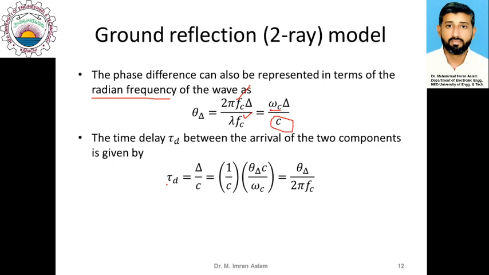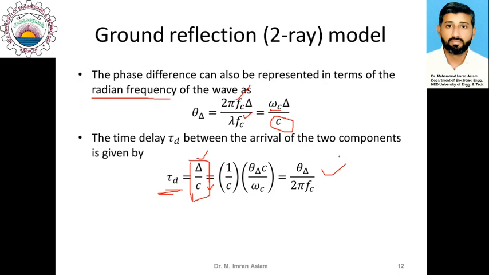So that time difference Td can be written as delta upon c, where delta is distance and c is the speed of light. So you can simplify it to show that this is equal to theta delta upon 2 pi fc. So this is the time difference between arrival of two different components.